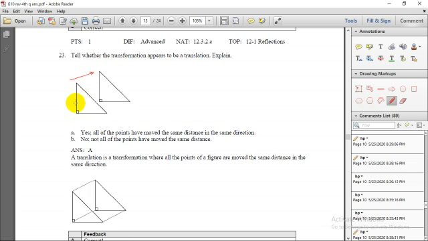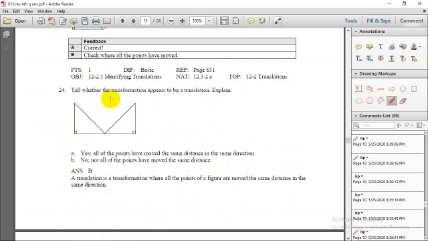So can you tell me that this triangle just transformed from here to here? Yes, it's translated with a certain distance, or the vertex is in a certain distance. And it keeps the figure and the shape the same? Yes. So it will be translation. Okay? So translation is transformation where all points of the figure moved the same distance, in the same direction. So yes, this is translation. Excellent.